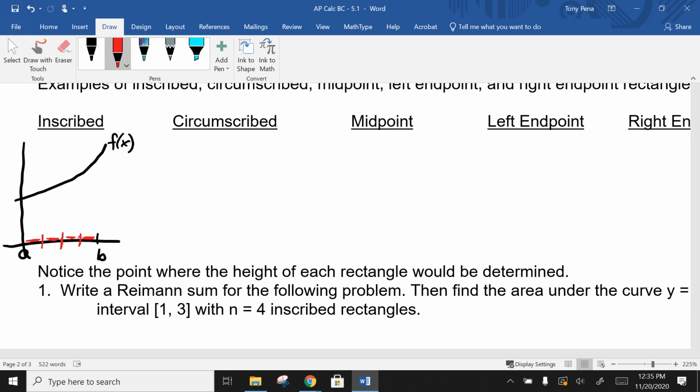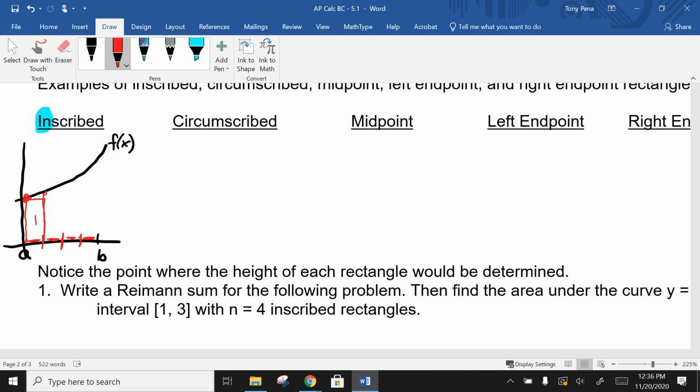So inscribe basically describes what we're going to try and draw in. We're going to draw in rectangles that are, if we think about this prefix, inside of that curve exclusively. So for an inscribe, I'm going to go up from here, make a big dot on that curve. I'm going to come over and I have my first rectangle. It's inscribed because it's touching the curve, but it stays inside of it the rest of the way.